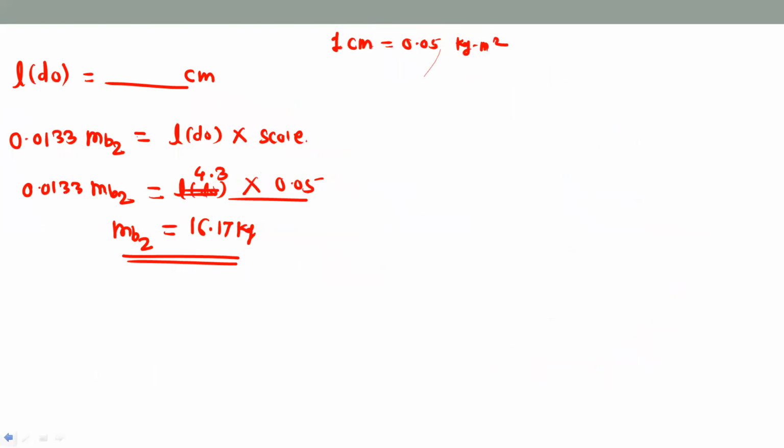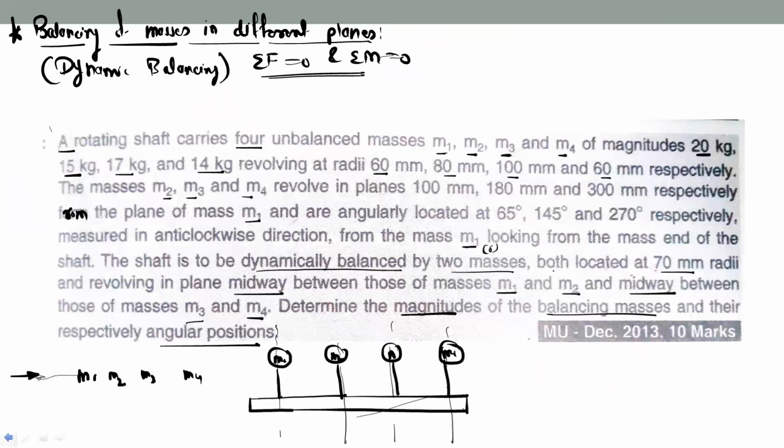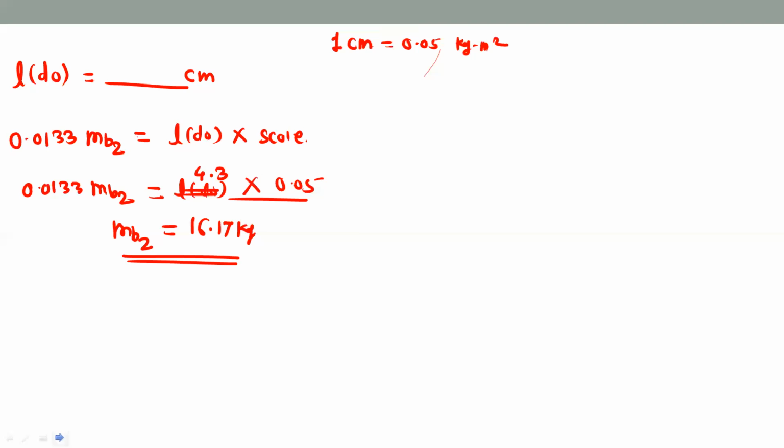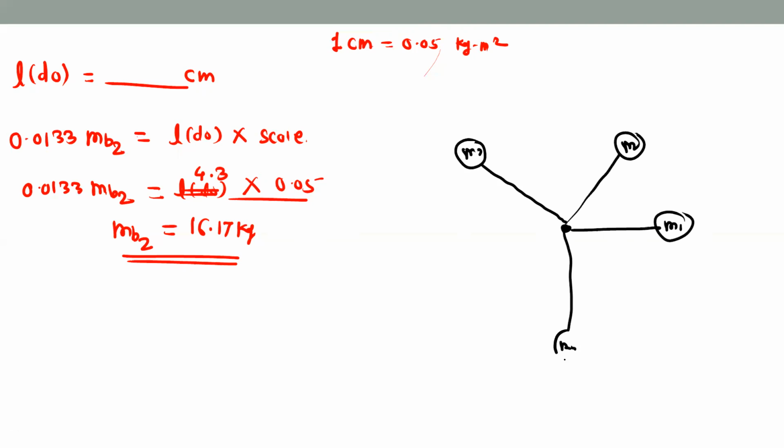In that diagram, suppose this is M1, this is M2, this is M3, and this is M4. The first balancing mass is in this direction, which is MB1.